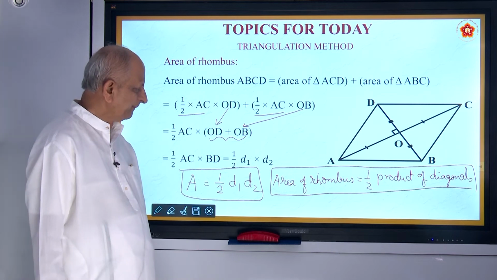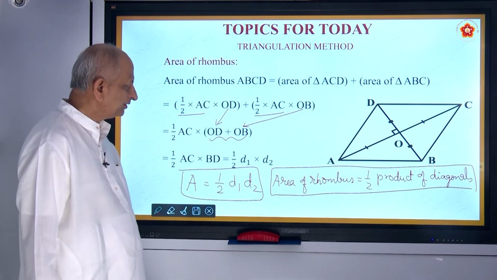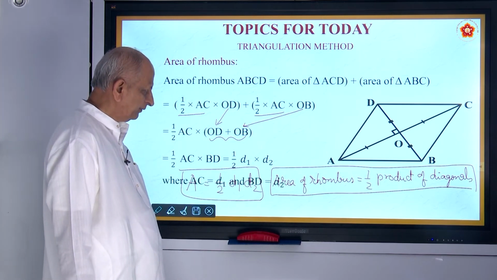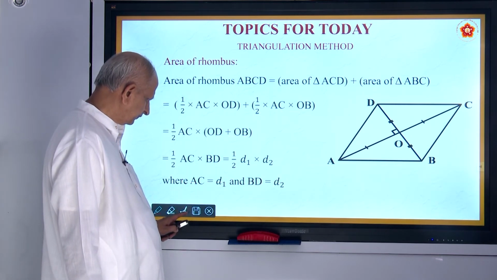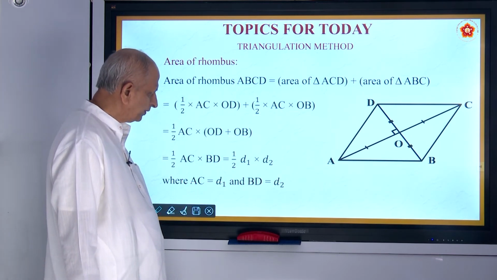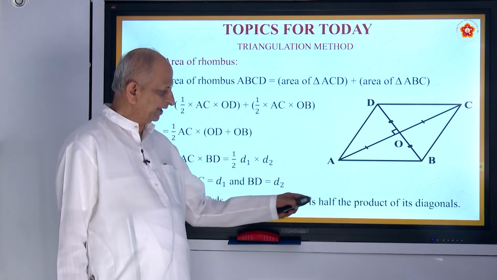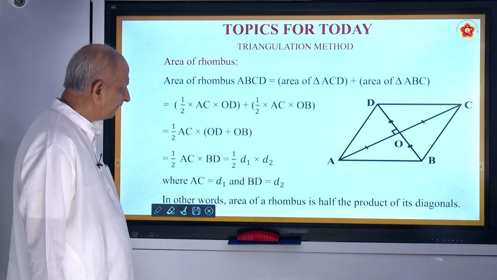So this is a very simple but very interesting, very important formula for area of rhombus. Shall we work out some problems? So we will work out some problems on this. Area of rhombus is half the product of its diagonals. Okay, we will work out some problems.